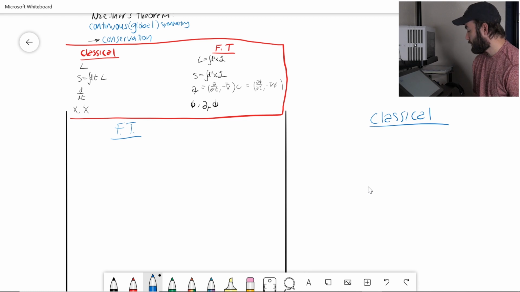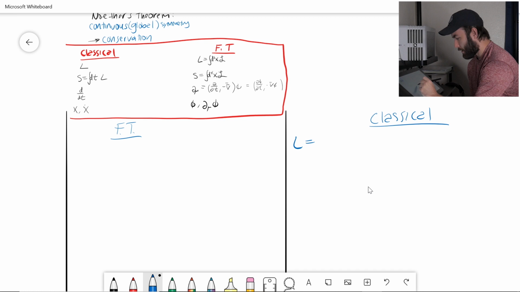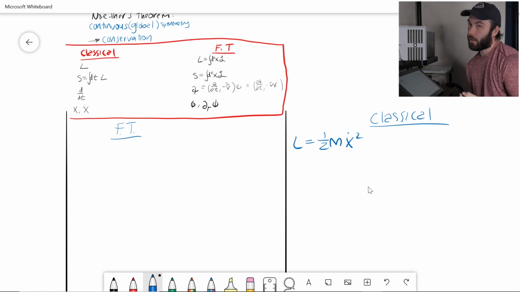So as I mentioned, to get to Noether's theorem, it all starts with a Lagrangian. That's what describes the dynamics of the system. So in classical, you may have seen that it has to do with kinetic and potential energy. So let's forget about potentials for a second. Let's just consider a free particle or an object that's free. The Lagrangian is then just 1/2 m x dot squared in 1 dimension.